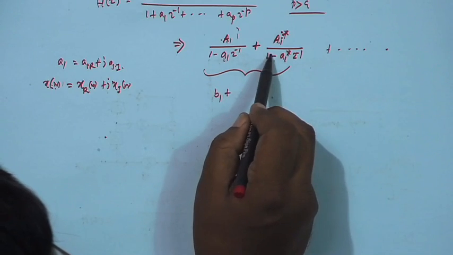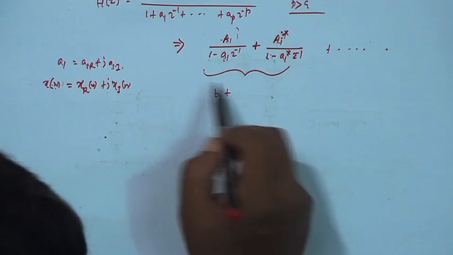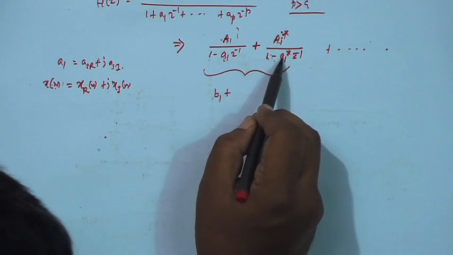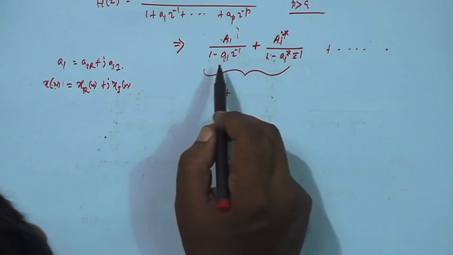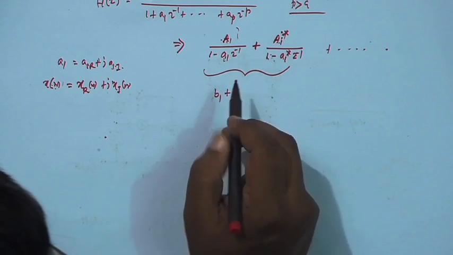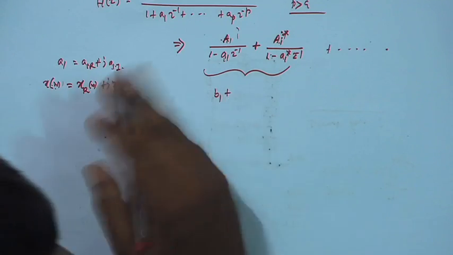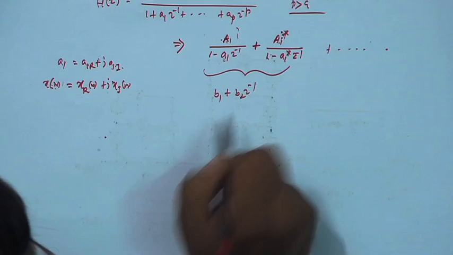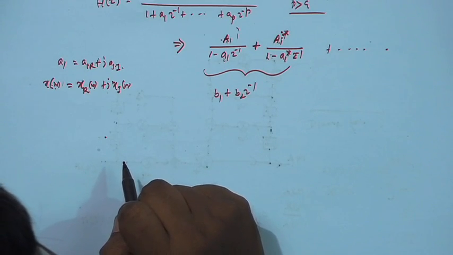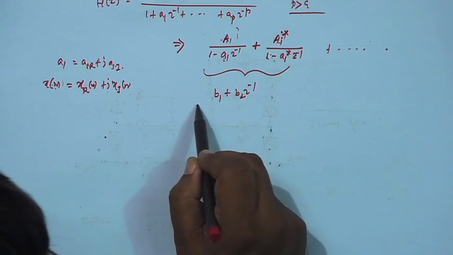And then minus Z inverse if you take common, as I told a while ago, capital A 1 into small a 1 star, capital A 1 star into small a 1. So, there again those two quantities are conjugate of each other. If you add them, you get a real. So, maybe B 1 plus, I am absorbing the minus sign into the coefficients, B 2 Z inverse, something like this. Okay. So, this is what you get in the numerator.